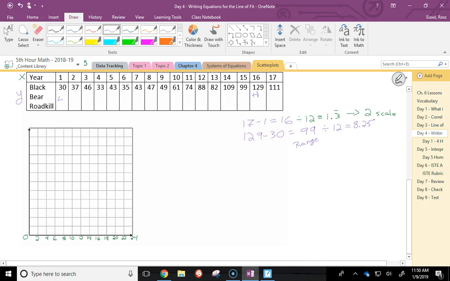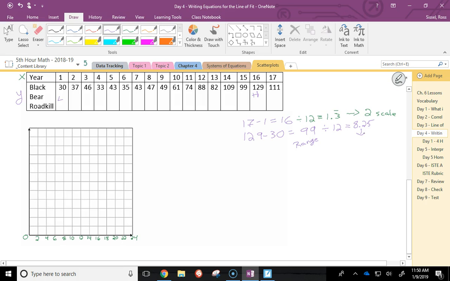What should I change this to? What should I change my scale to? So once again, our range was 99, divided by our 12 lines.